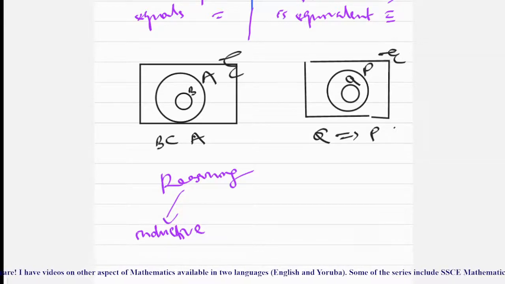In essence, when you want to use mathematical induction, that is, you want to use a kind of inductive reasoning, you are going to base your conclusion on observations. Maybe when you want to test that a formula is true for all the integers, you test for n equals 0, n equals 1, n equals 2, and based on your observation, you can now make a conclusion.